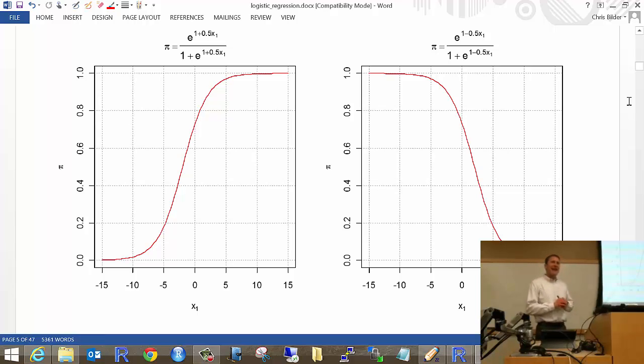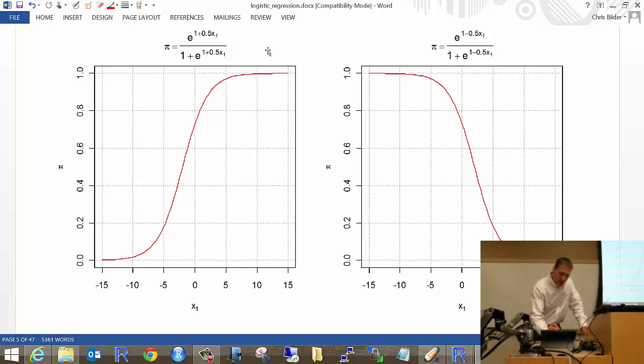So notice as x is increasing, you see the red line increase as well. The y-axis is probability of success, or probability y is equal to 1. Sorry, people usually say y equals 1 is a success, y equals 0 is a failure, so that's why I've been using that versus saying the y equal 1 population versus y equal 0 population.